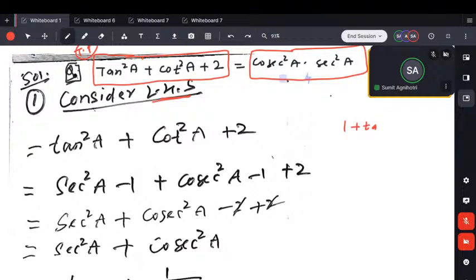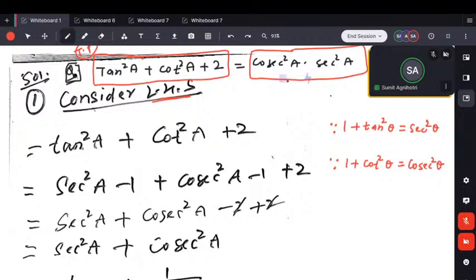Do you remember that? 1 plus tan square theta is sec square theta. 1 plus cot square theta is cosec square theta.